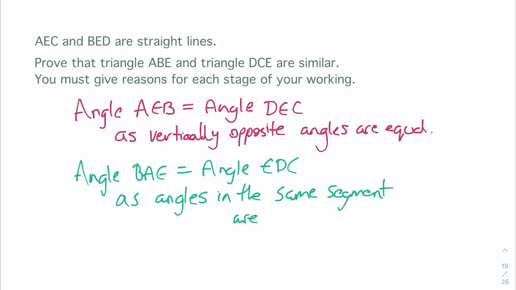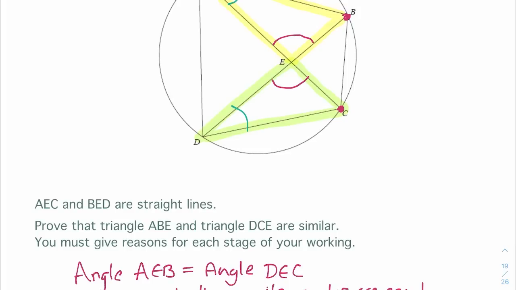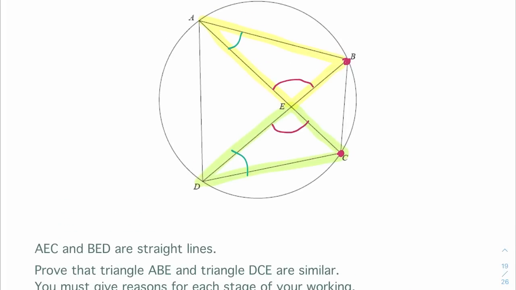Or you could say angles made or subtended from the same 2 points at the circumference are equal. So you could say that as well. Right, so we have proved that 2 angles are the same. So how are we going to prove that final angle?